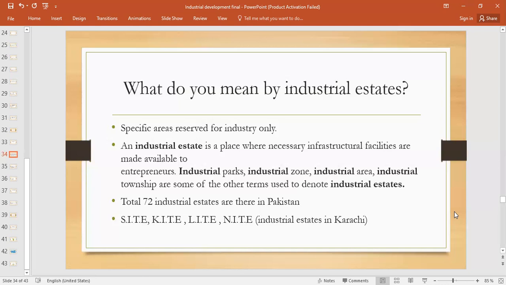Then we have LIE, that is Landhi Industrial Estate Limited. Then we have NITE, that is Nooriabad Industrial Trading Estate Limited, near Hub, right? NITE is less functional because fewer infrastructural facilities are available to it, right?